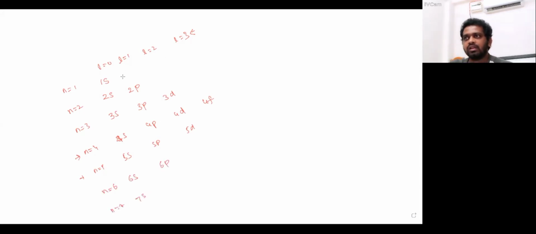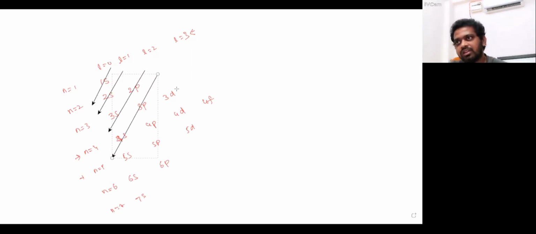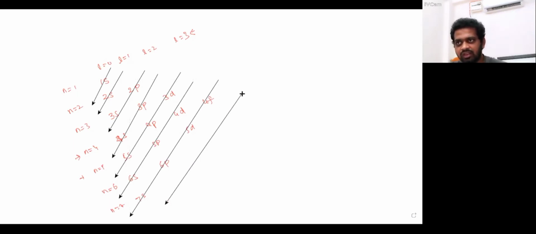Now I am drawing the chart. One subshell gets 2 electrons, again 2 subshells, 2 times; 3 subshells, again 2 times; and in the similar way 4 subshells, 2 times, but here I didn't consider that now. For the next line also you will get 4 subshells, 2 times. Now see, this is the tail and head.